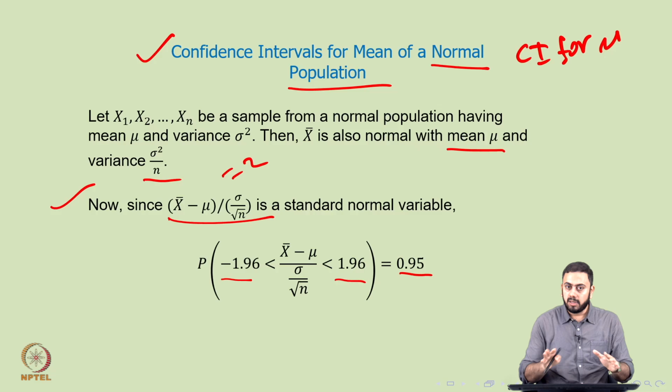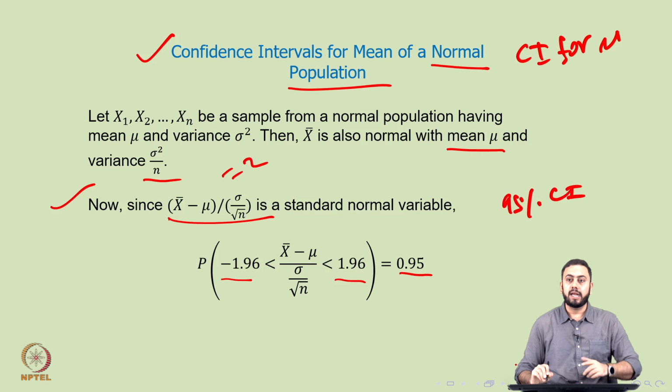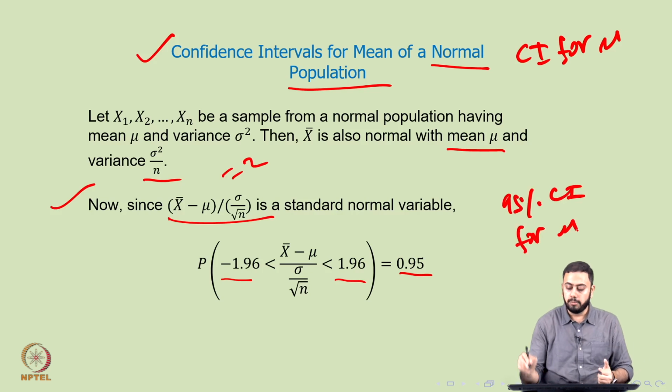Okay. So again remember, what are we trying to achieve here? We are trying to construct a 95% CI for mu. Firstly you should understand what you mean by a 95% CI. It means once you propose a lower bound and an upper bound, an interval or a CI, you have a 95% chance that the unknown parameter mu falls in that interval.